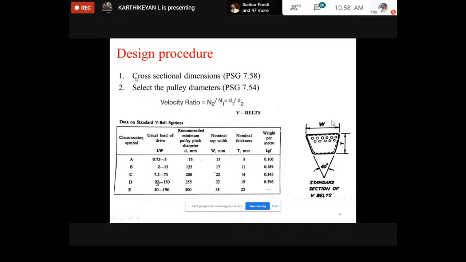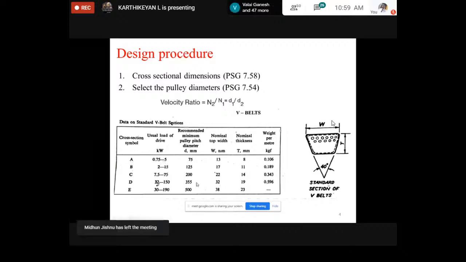The first step is, in every problem, we are going to select the cross-sectional dimensions. The page number is PSD data book 7.58. This is the standard template which is available in PSD data book. The table is shown here. Totally 5 types of belt cross-section are available. The second column is load of drive. Based on this, power value is given in every problem. So based on this power, you are going to select a cross-section.